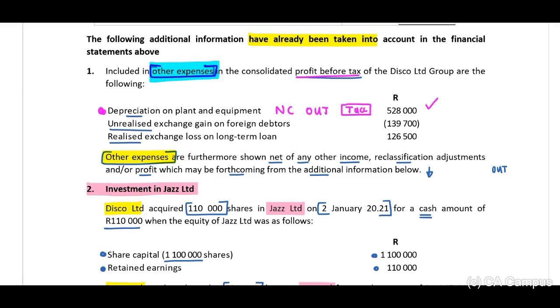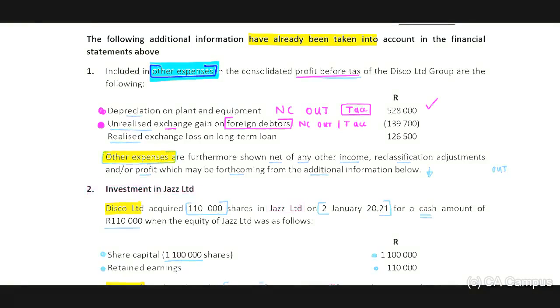Now, unrealized exchange gain on foreign debtors, 139,700, unrealized. Therefore, this is not yet cash. Therefore, non-cash, we need to take this out. And if we think about our trade receivables, we need to take this into consideration in terms of our T account.